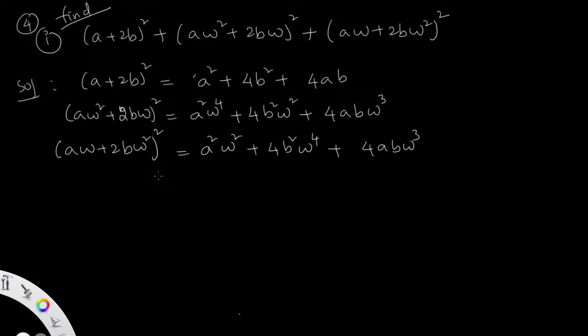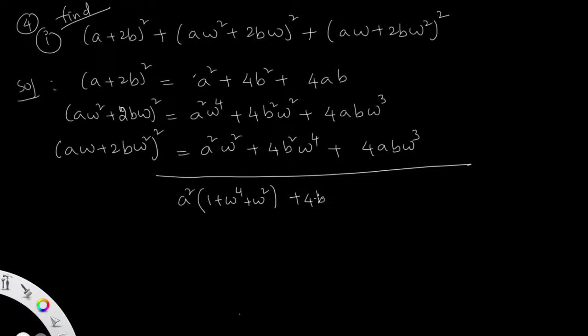By adding all these, a square is common in all of these: a square into 1 plus omega power 4 plus omega square, and 4b square, that is 1 plus omega square plus omega power 4, plus 4ab is common, 1 plus omega cube plus omega cube.